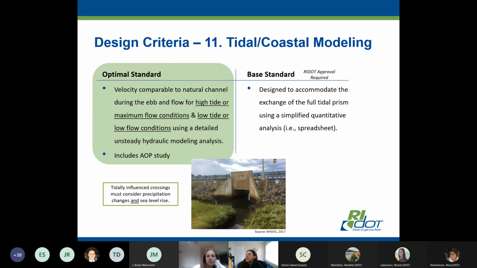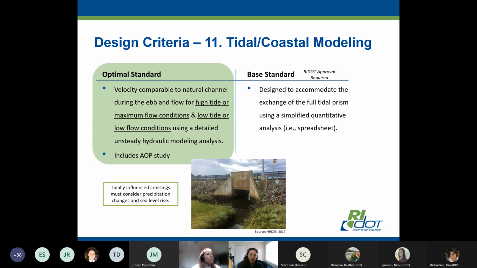Design criteria 11 is the tidal and coastal modeling. So obviously this is not required for crossings that are not tidally influenced. So to meet the tidal standard, if you do have a tidally influenced crossing, the optimal standard is that your velocity should be comparable to the natural stream channel during the ebb and flow for high tide or maximum flow conditions and for low tide or low flow conditions.